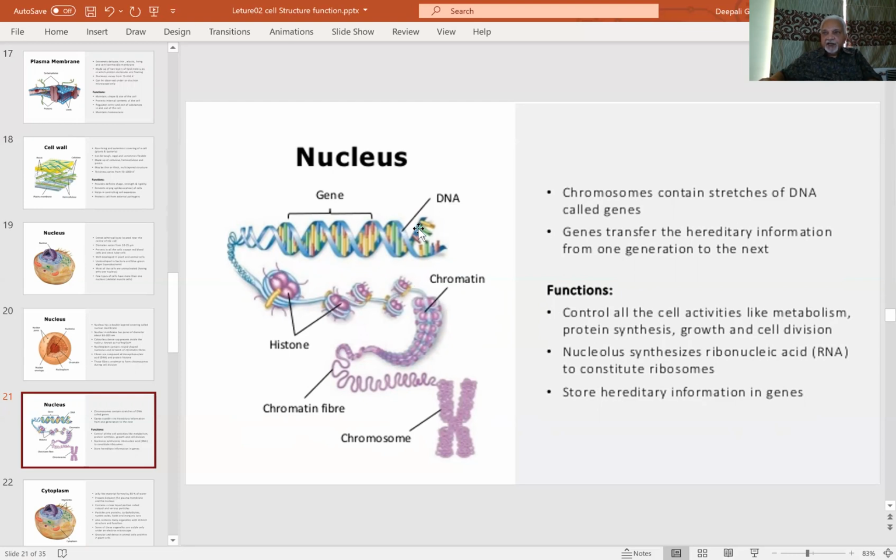Okay, and on DNA, the genes are located. So that's how the genetic information is condensed into the structure and takes a shape like this, and we call them chromosomes.